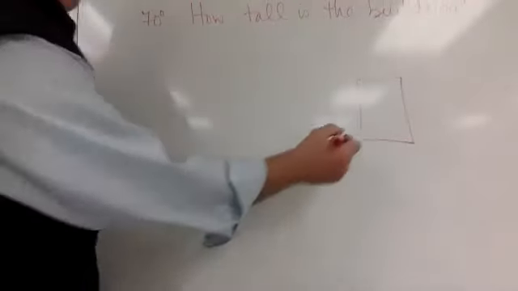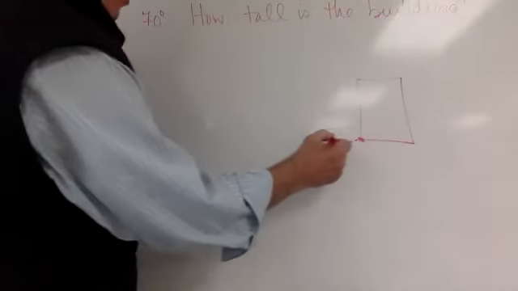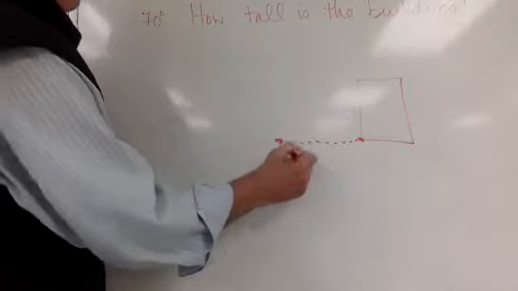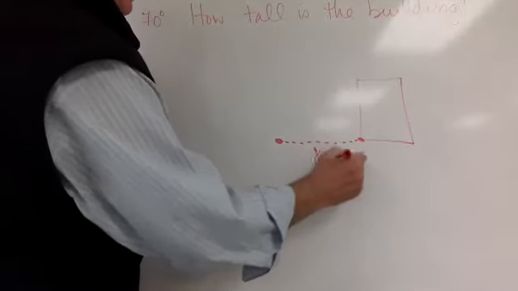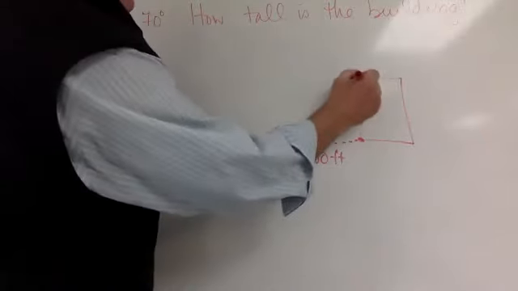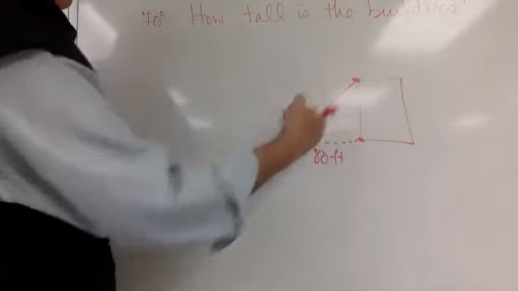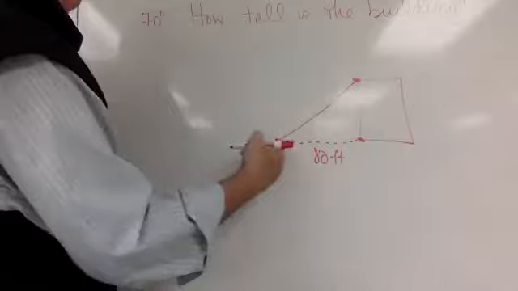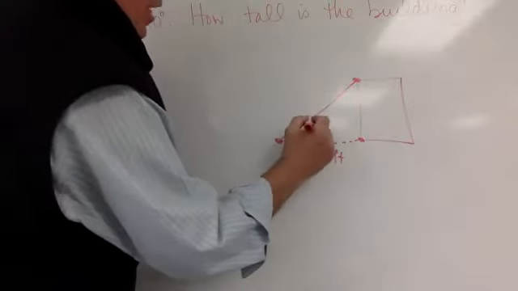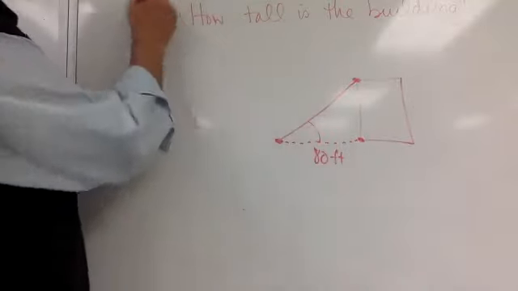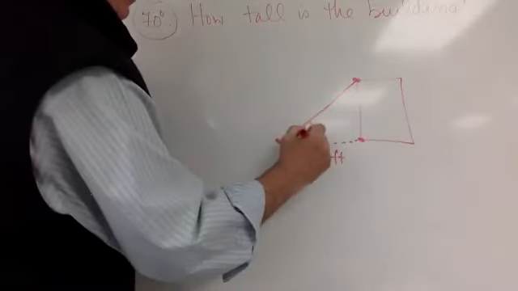Well, here's the base of the building, and I just go out 80 feet. And then there's an angle from the top of the building to the 80 feet from the base. So they're giving me the angle of elevation, and they tell me it's 70 degrees.